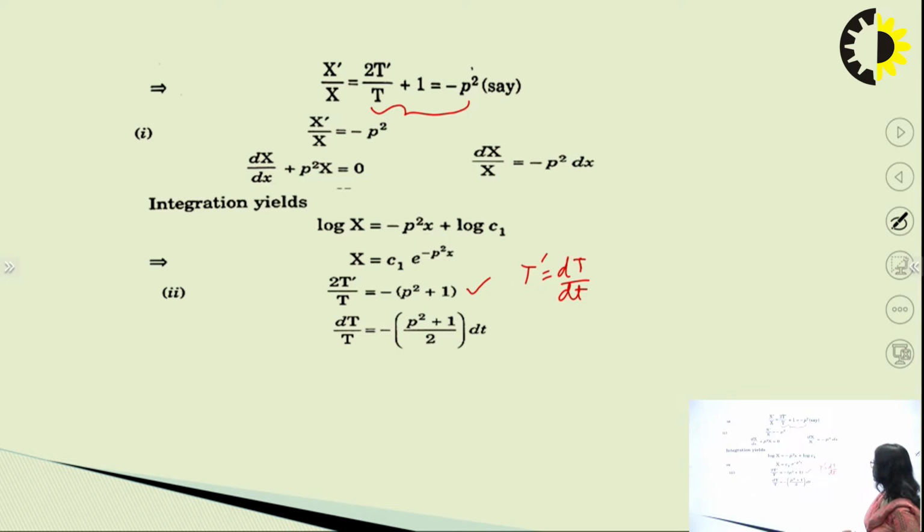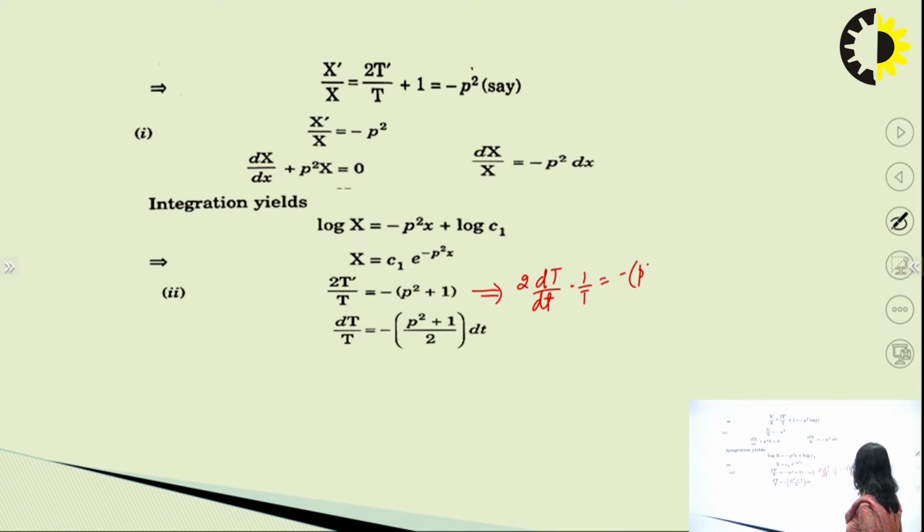So dT by dt, if I replace this equation in this manner, this implies 2 dT/dt into 1 by T equal to the right hand side, that is minus p square plus 1.